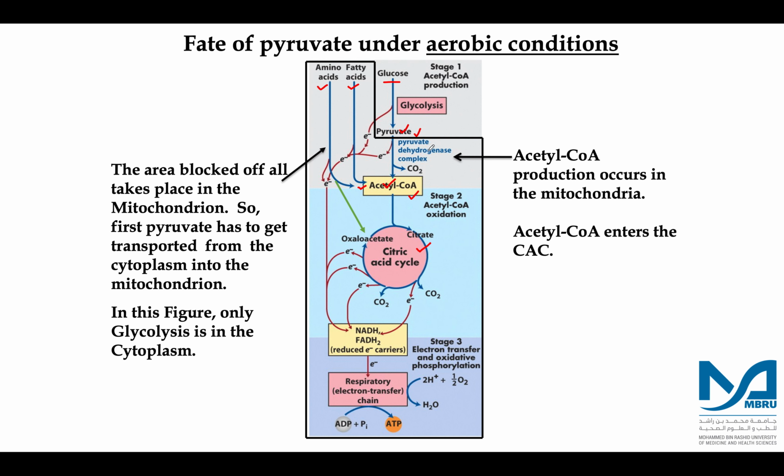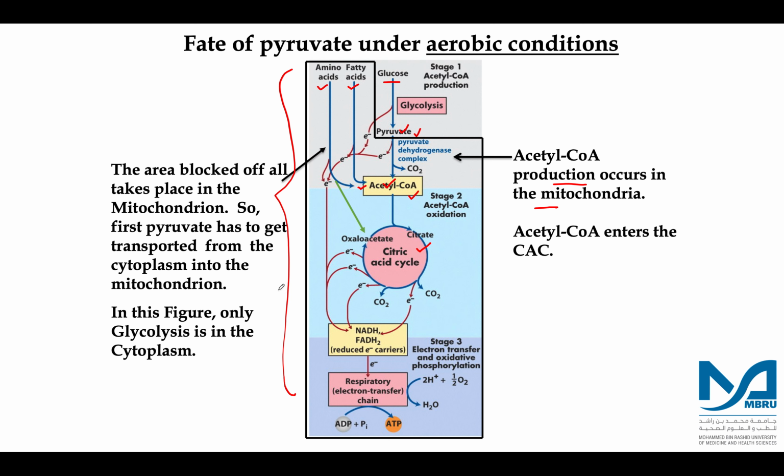So the first point to remember here is that acetyl coenzyme A production occurs in the mitochondria. That means I will not be able to produce acetyl coenzyme A from pyruvate if I lack mitochondria. And all the reactions that are indicated by this black box occur inside the mitochondria.